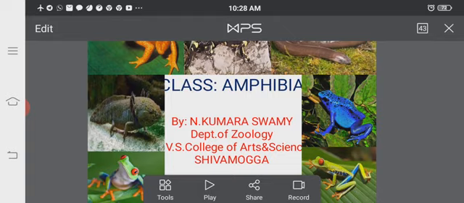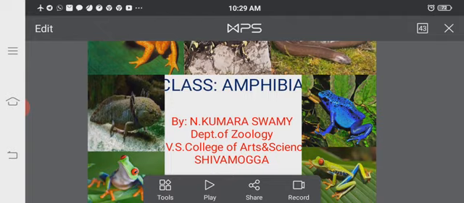During this course of evolution, amphibians evolved from fishes, which are purely aquatic. At the time of the origin and evolution of amphibians and fishes, there was intense competition in the water bodies where the ancestors of amphibians were living.